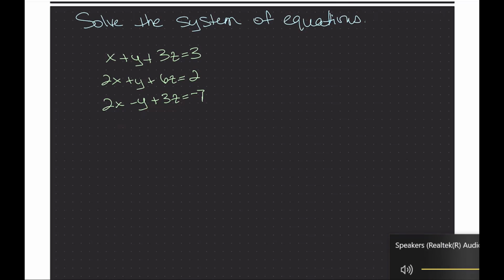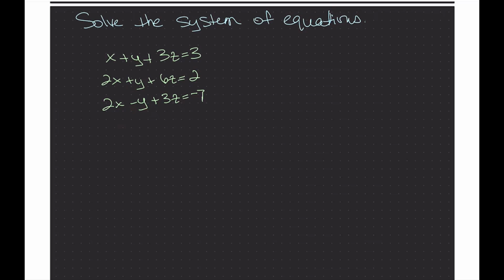Somebody shout out a preference. What was it? Did you say y? Yeah, they'll cancel out. Yeah, exactly. That's why I would pick the y as well, because they will cancel out, right? Because we have a positive and a negative, so yep.